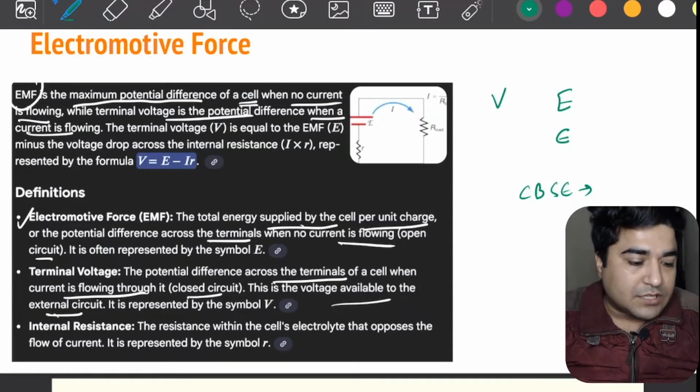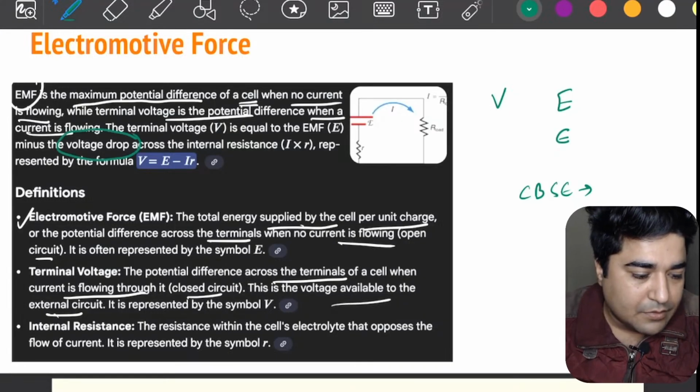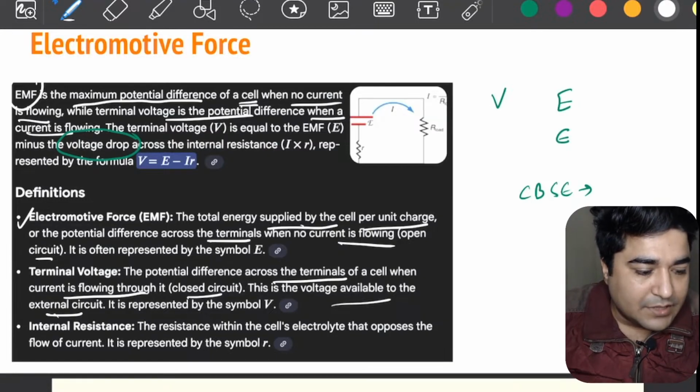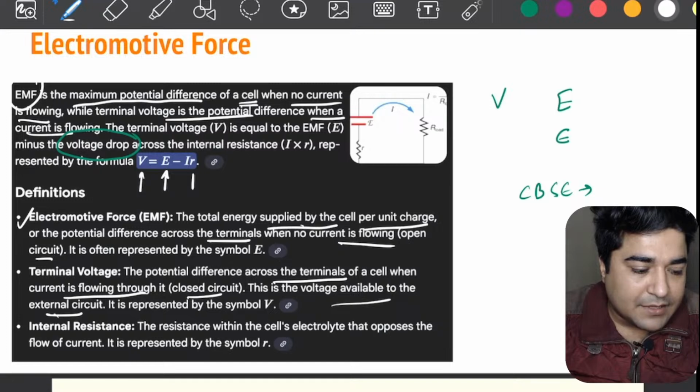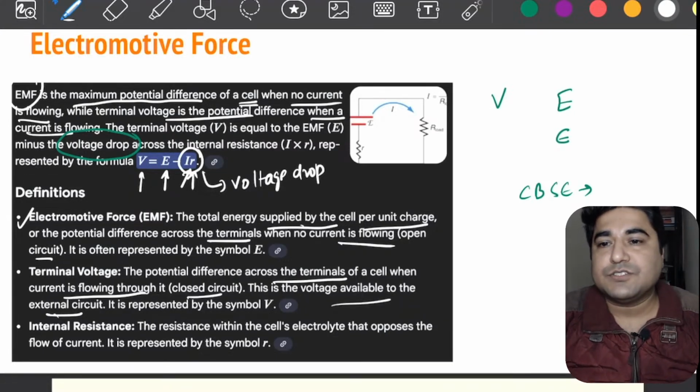Now moving on to the third thing, which is known as voltage drop. So what exactly is this? The terminal voltage will always be equal to the EMF minus Ir, where Ir acts like a voltage drop, and this value of r, the small r over here, is known as the internal resistance of the cell.